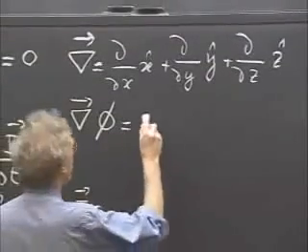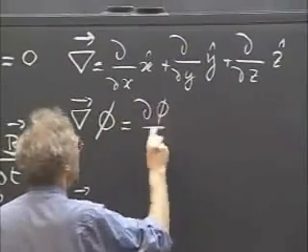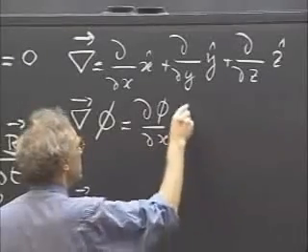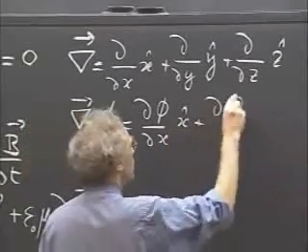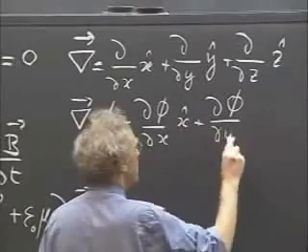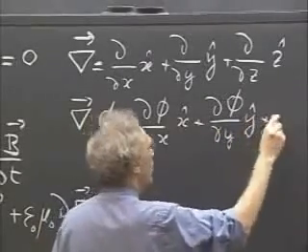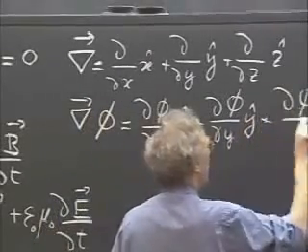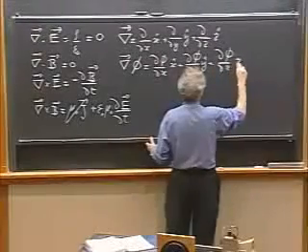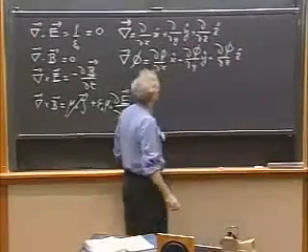That's a vector: d phi/dx x-hat plus d phi/dy y-hat plus d phi/dz z-hat.